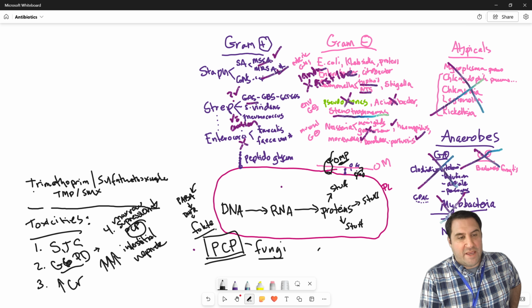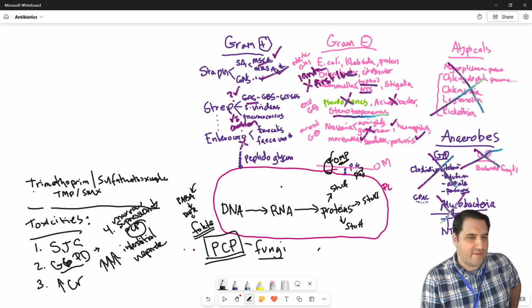And because of evolutionary changes, trimethoprim sulfa is able to bind to the same enzymes that are being blocked in bacteria and inhibit folate production. And so PCP will in fact be inhibited by it, and that's why we use it for pneumocystis prophylaxis.